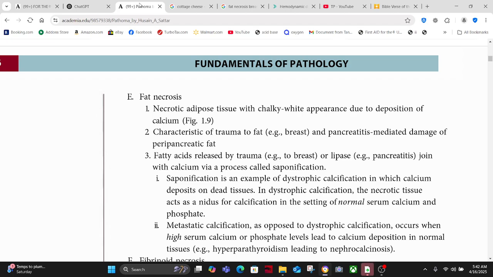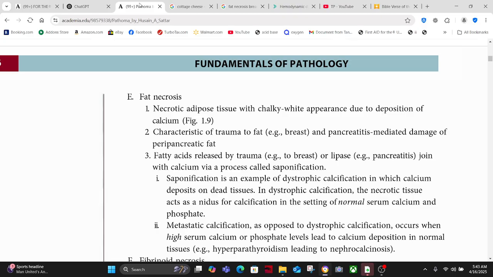So in dystrophic calcification, the calcium level and phosphate are both normal. Whereas in metastatic calcification, it's going to be high calcium or high phosphate levels.